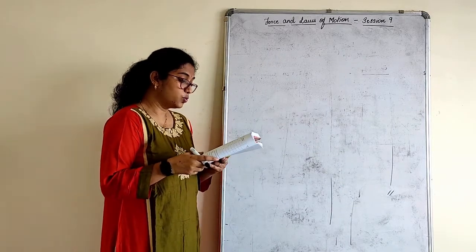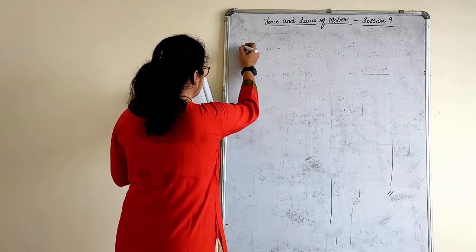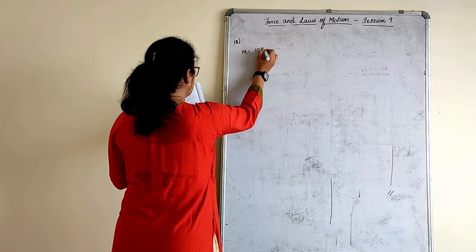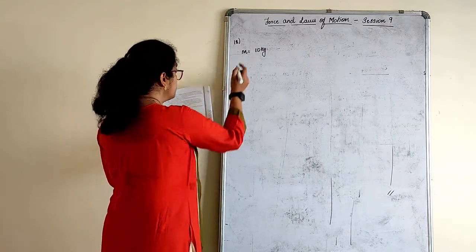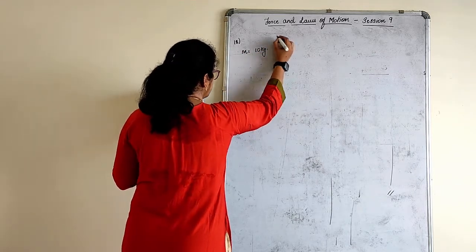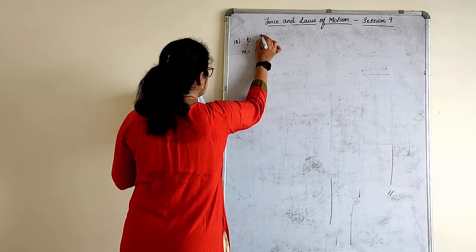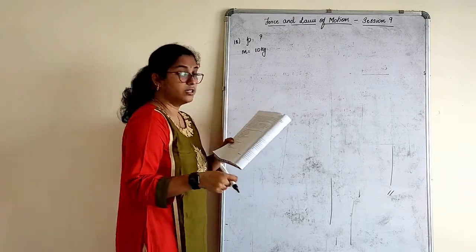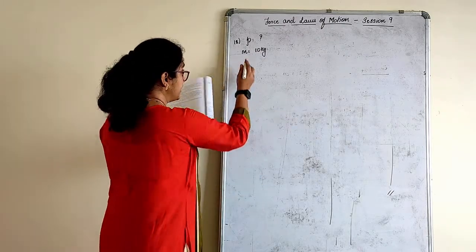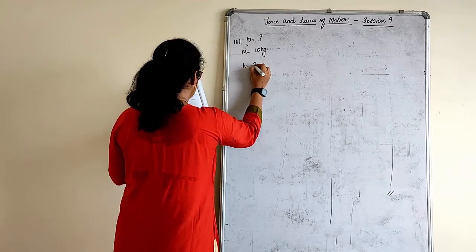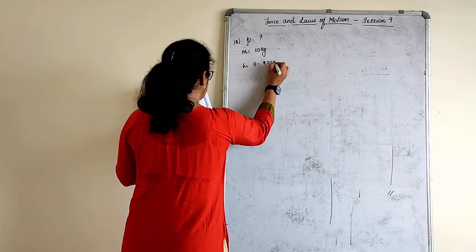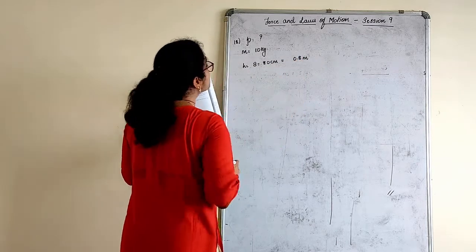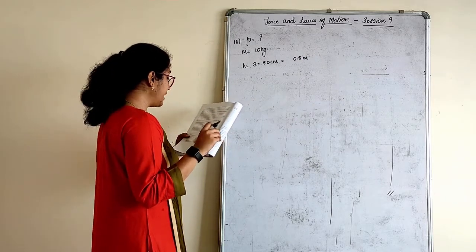How much momentum will a dumbbell of mass 10 kg transfer to the floor when it falls from a height of 80 centimeter, which is nothing but 0.8 meter, right?